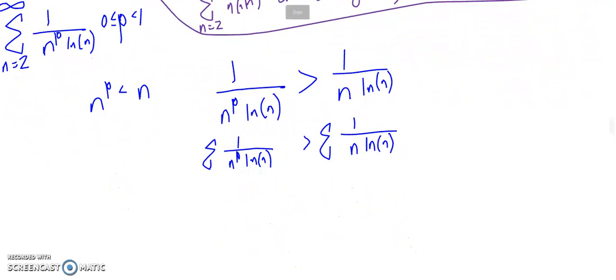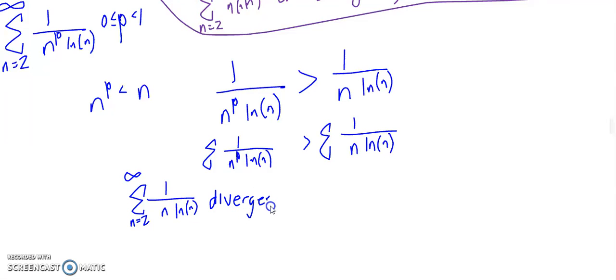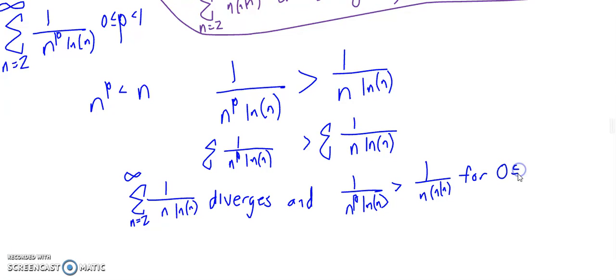I'm going to say that the sum from n equals 2 to infinity of 1 over n ln of n diverges, and 1 over n to the p ln of n is greater than 1 over n ln of n, for 0 less than or equal to p. Oh, I'm running out of time. You know where I'm going with this. I don't want to make a new video. Direct comparison test.